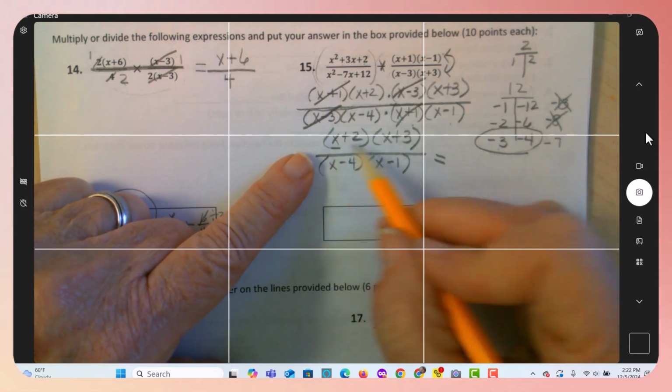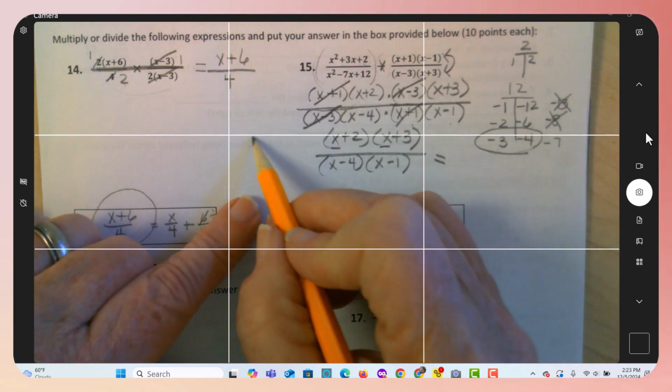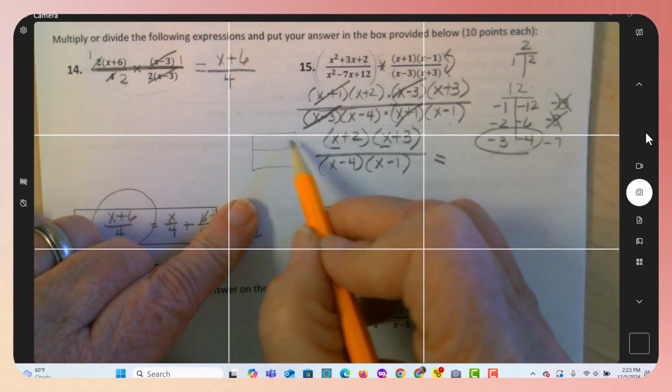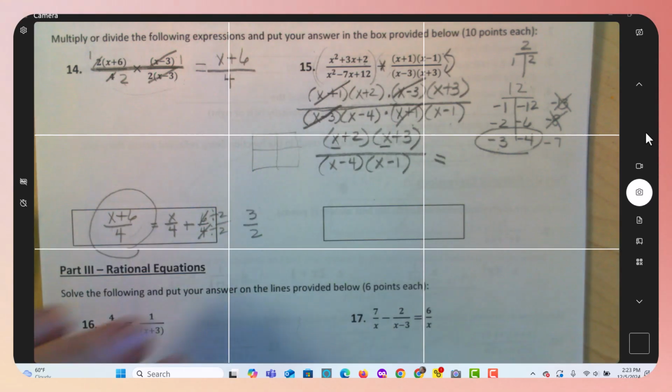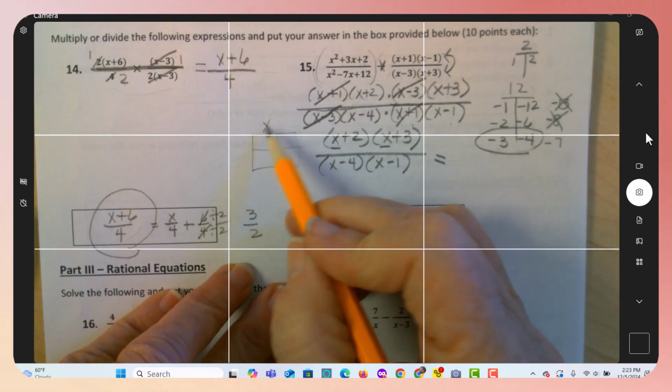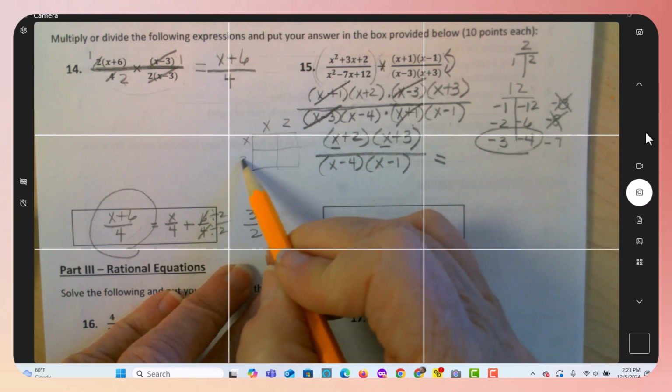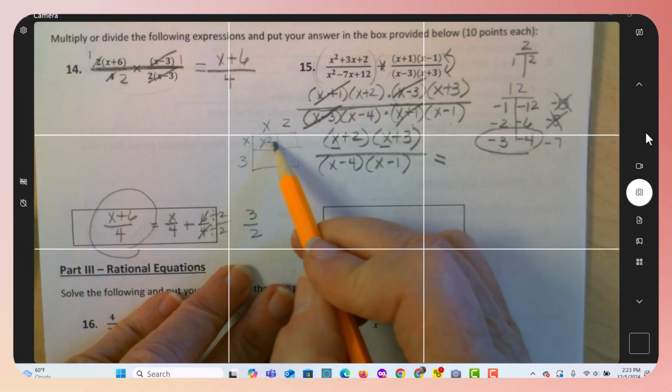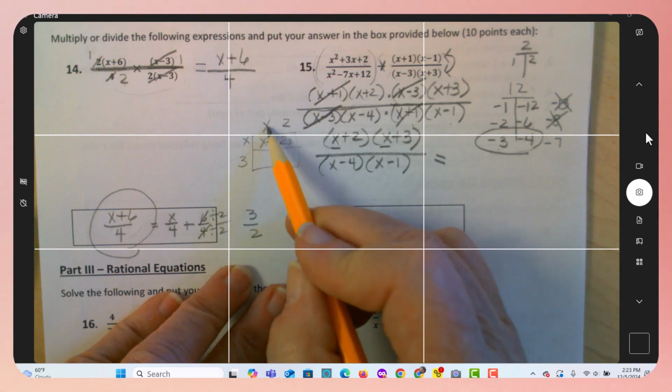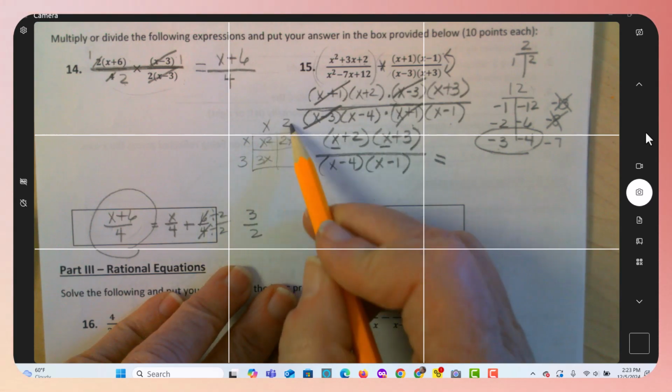So multiply the first, and you can put this in a rectangle. A lot of you have used rectangles for multiplication. x plus 2 and x plus 3 will give you x squared, 2 times x, 3 times x, and then 3 times 2.